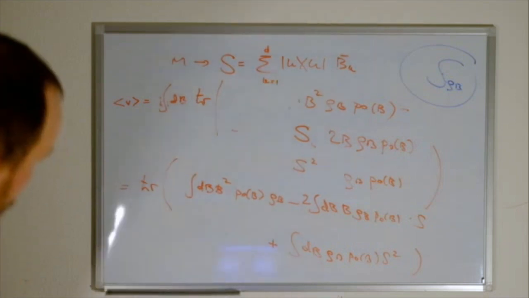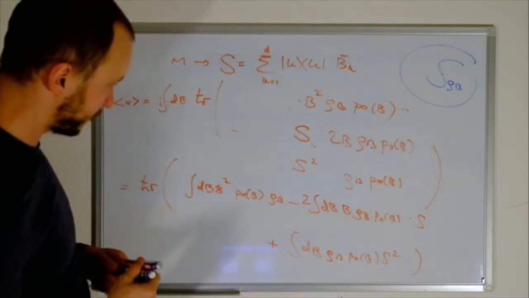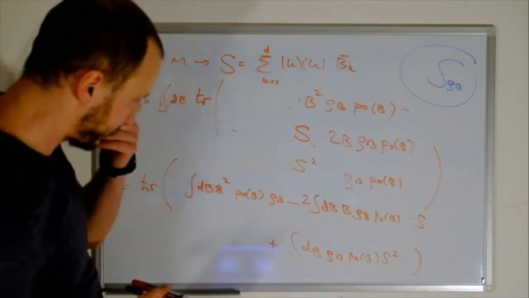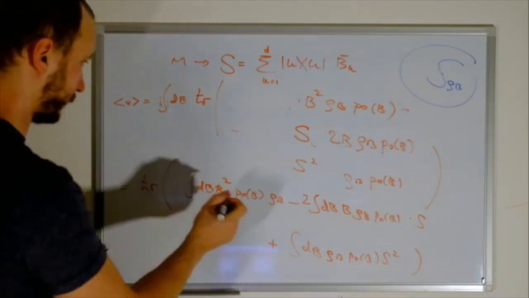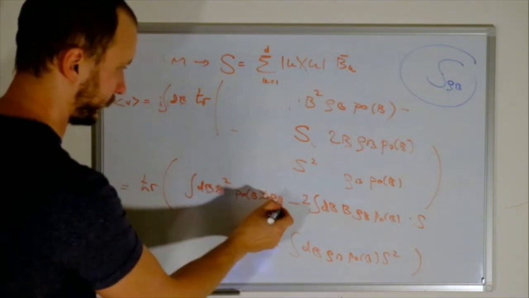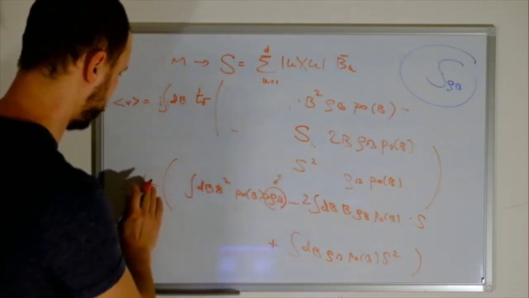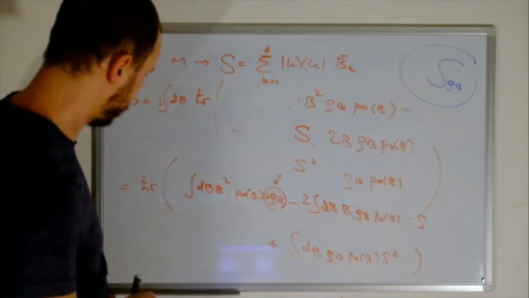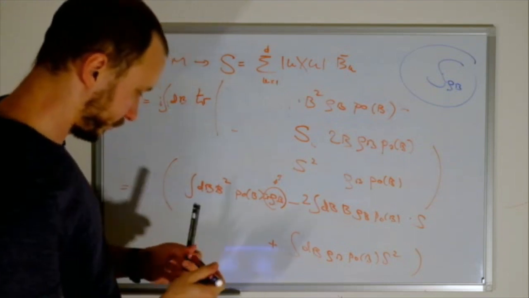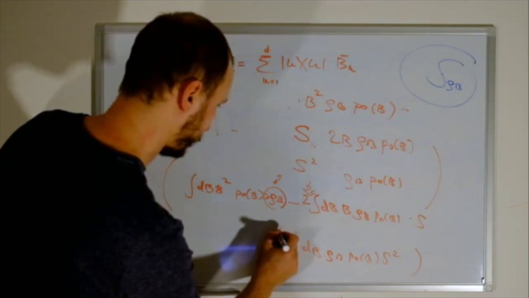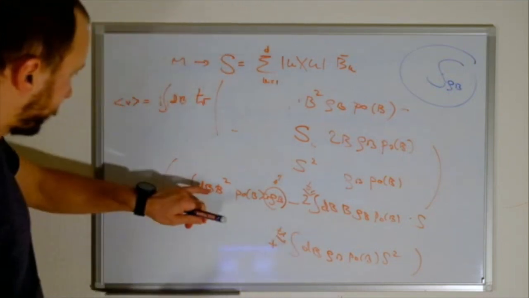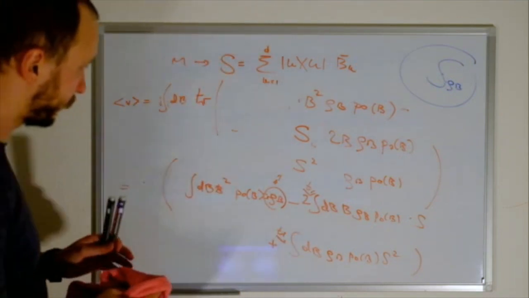Finally, we can take out the trace already, because you see this is just numbers, and the trace of rho is just 1. If I take the trace out and put it in each term individually, then in the first term there are no operators anymore.